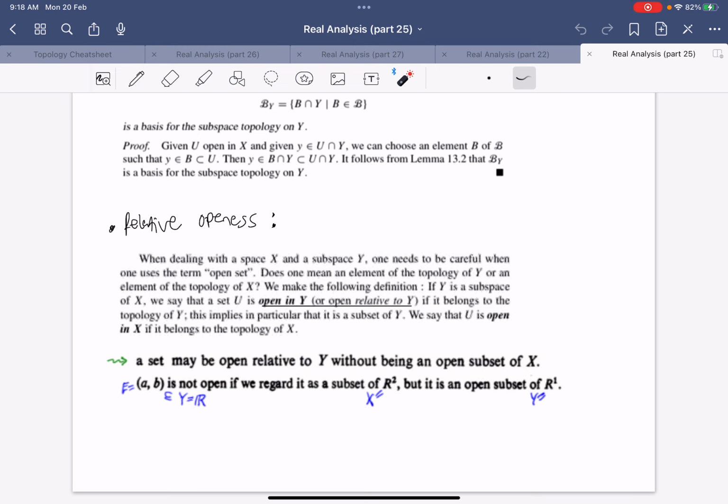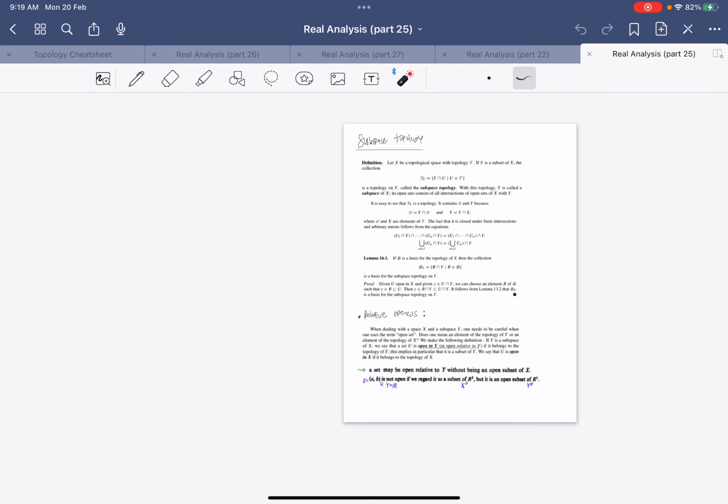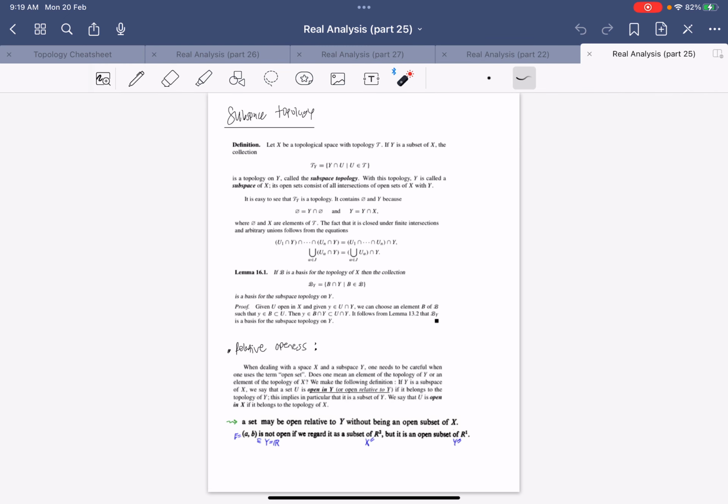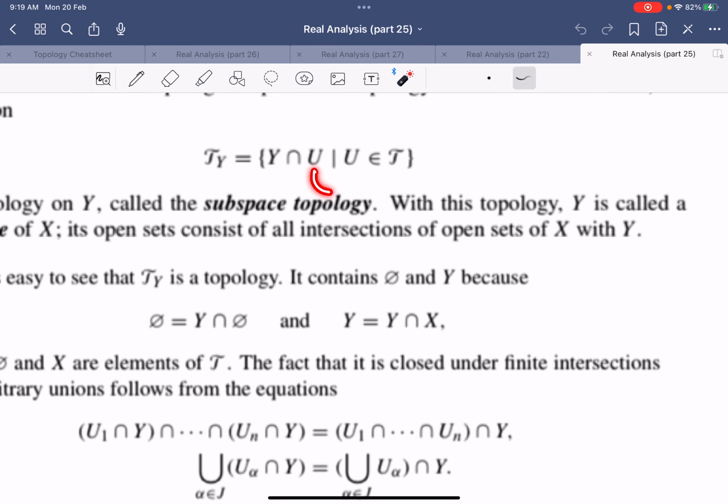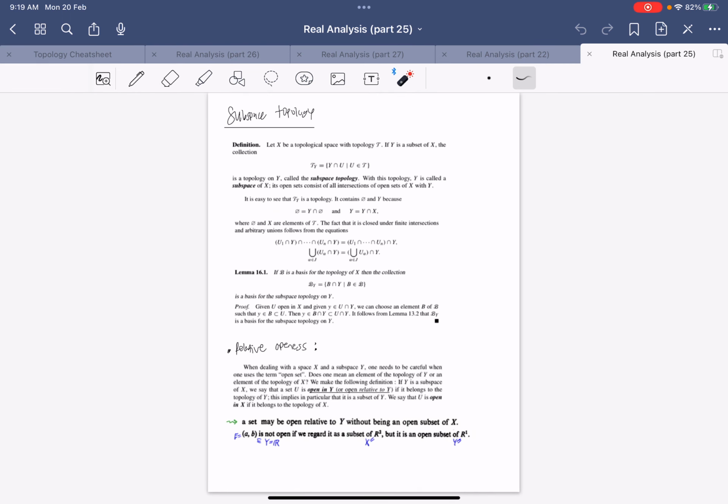Hence, when we define openness, it really depends on what the topology is. So when you intersect with an open set Y, this may not be an open set in X.